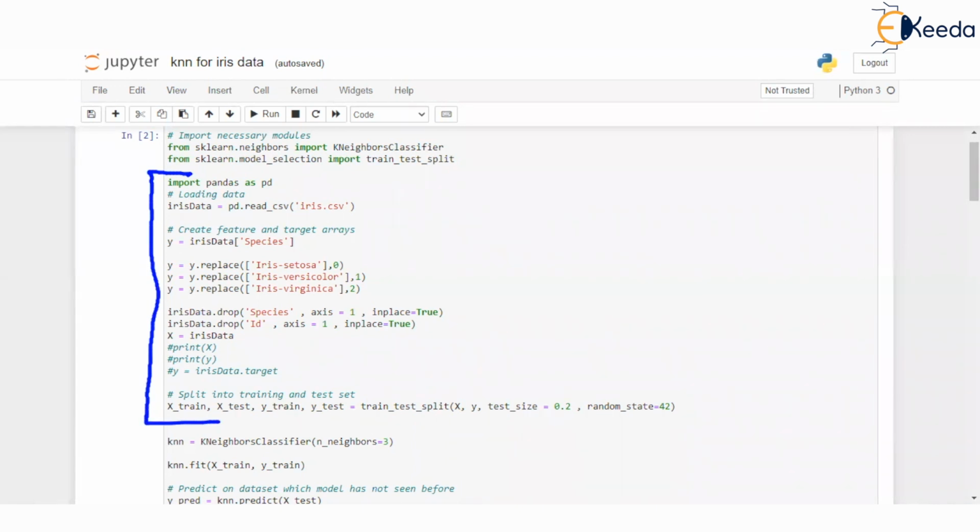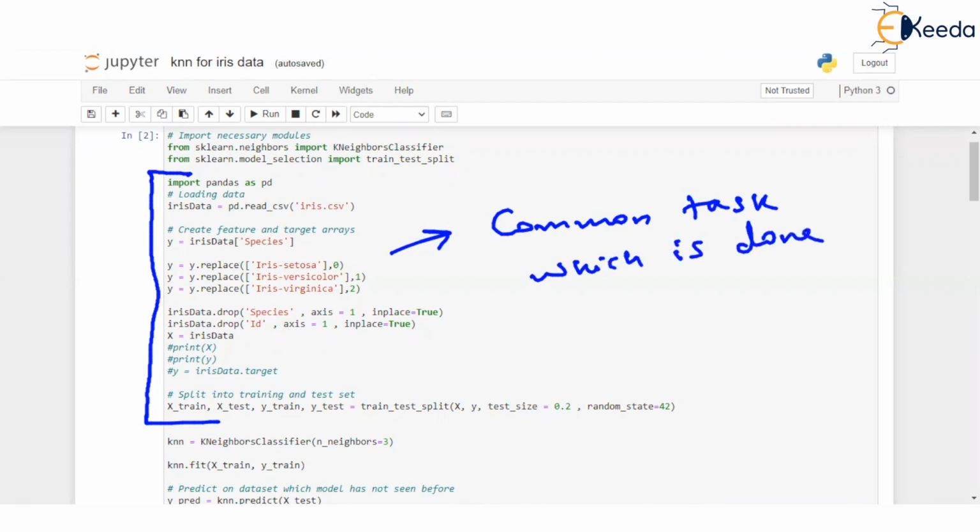is not the part of KNN. This is a common task which is done for any machine learning algorithm.